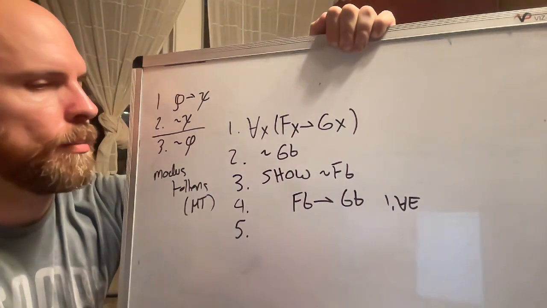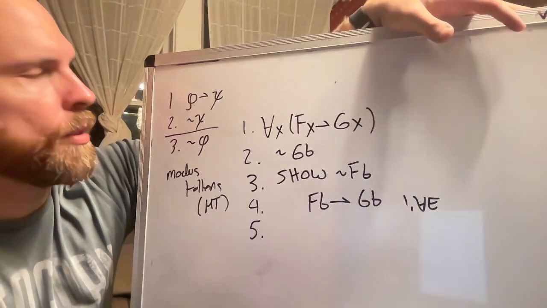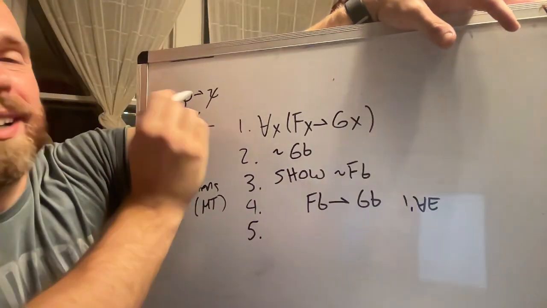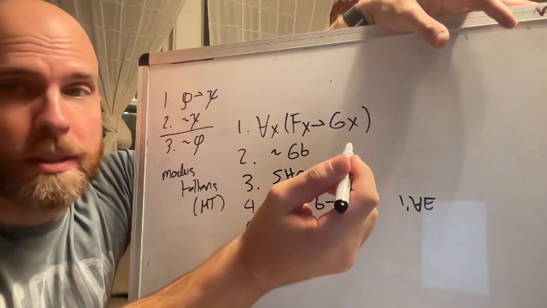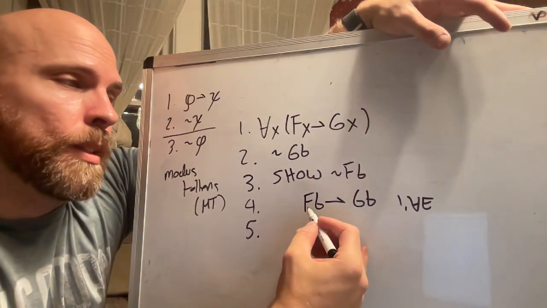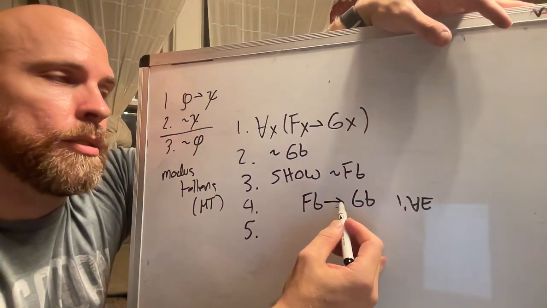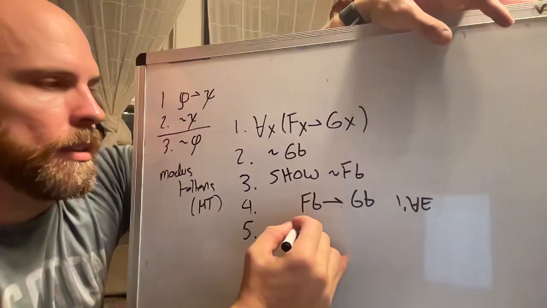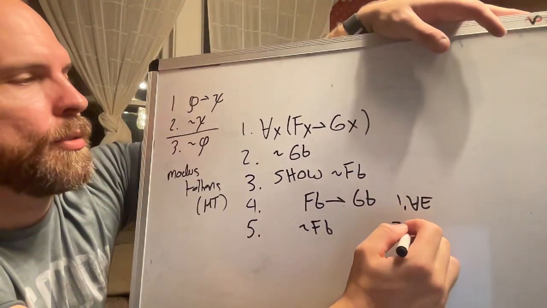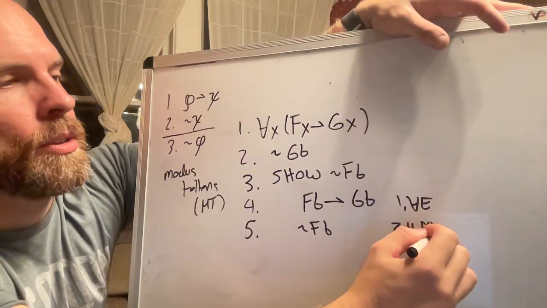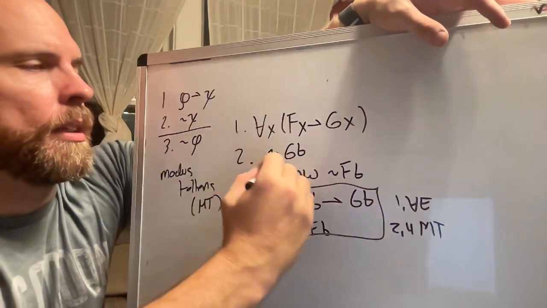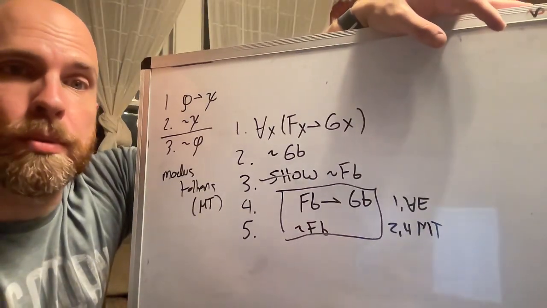We'll stick with modus tollens because I'm pretentious. Remember, these psi's are meta variables that can be anything, including expressions of this sort. So what I have here is if FB, then GB. I have not GB. That allows me to infer not FB, and I can just cite 2 for modus tollens. Done. Box it up. I've proven this.